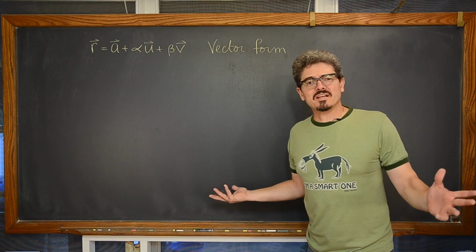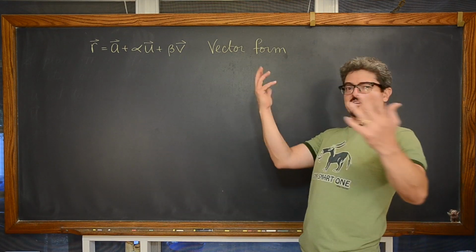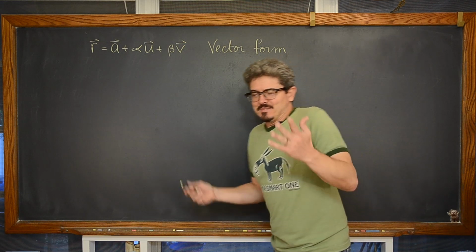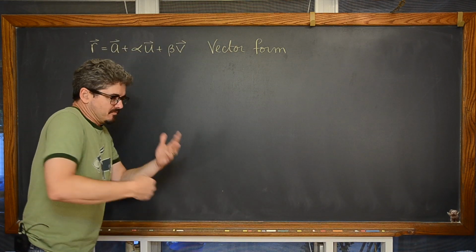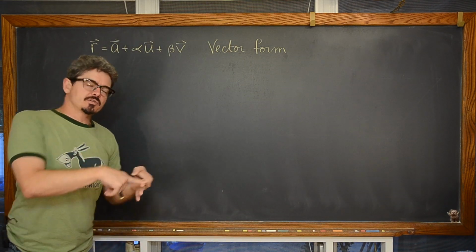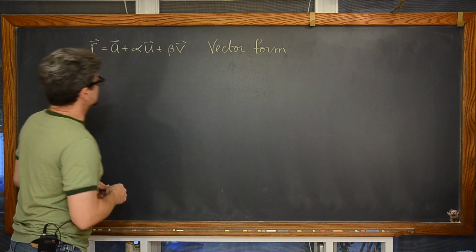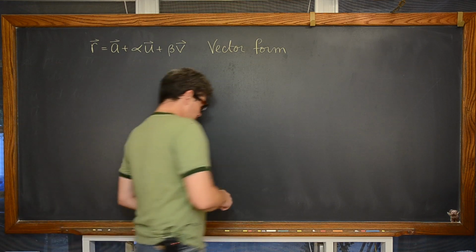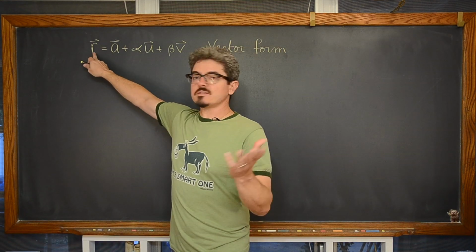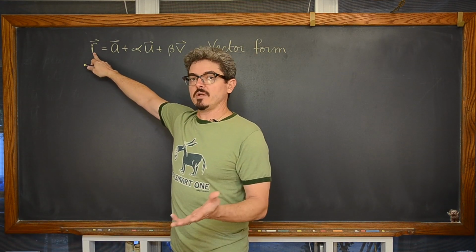Man, I got so excited about doing the example, I forgot to show you how to convert between these three forms. If you're really good with your vector, parametric, and Cartesian form for the equation of a line, you kind of already know how to do this. We can remember that this is a position vector for any point on the plane.